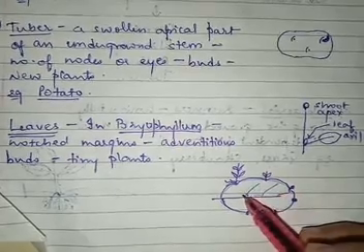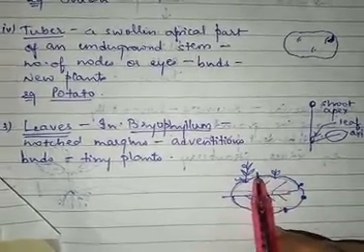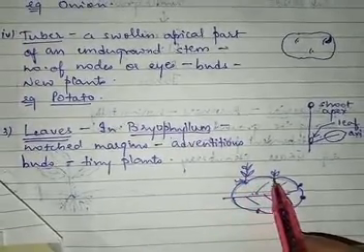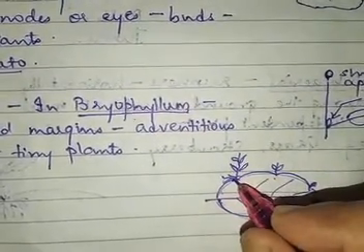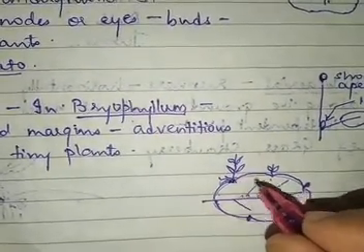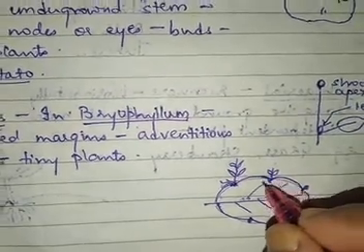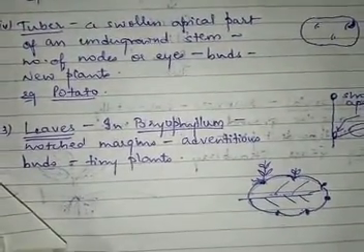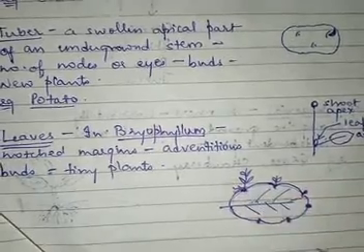The leaf, as you can see, is quite broad and it is having notches at its margin. This structure is called as notch. So there are notches present in the margin of the bryophyllum leaf, and these notches contain the adventitious buds.